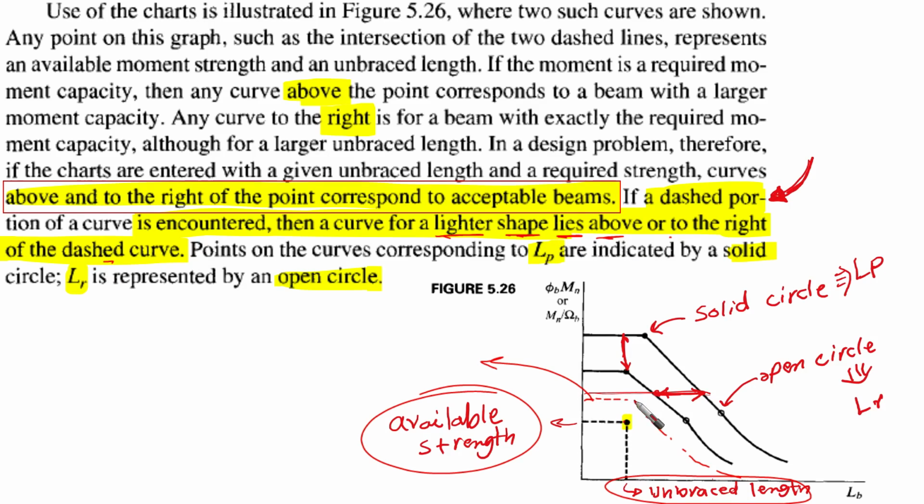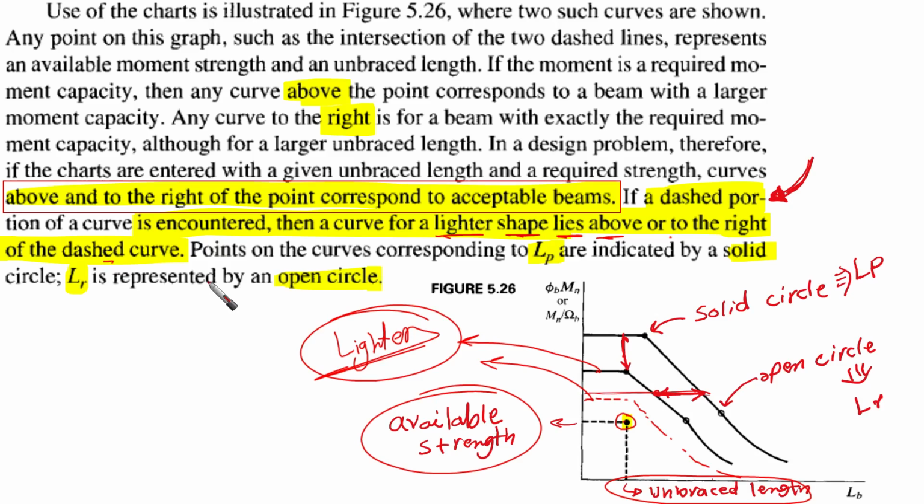This means that above this curve there is some other curve which is solid. This curve is going to be lighter, and lighter means that it's more economic. So do not say that this dashed curve is going to be enough for me. No, because it is heavy. If you choose the first solid line, then it is going to be the lightest shape that fulfills and satisfies your needs.